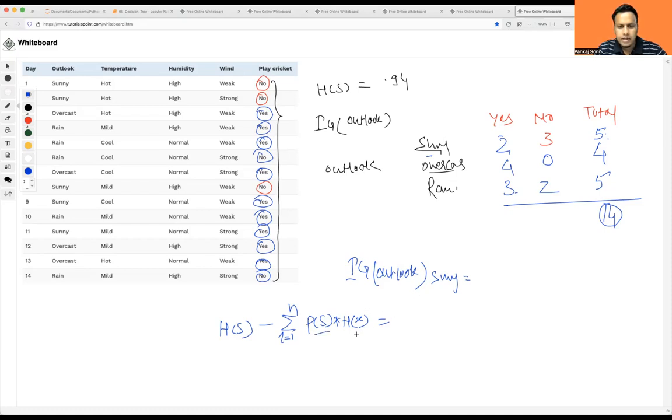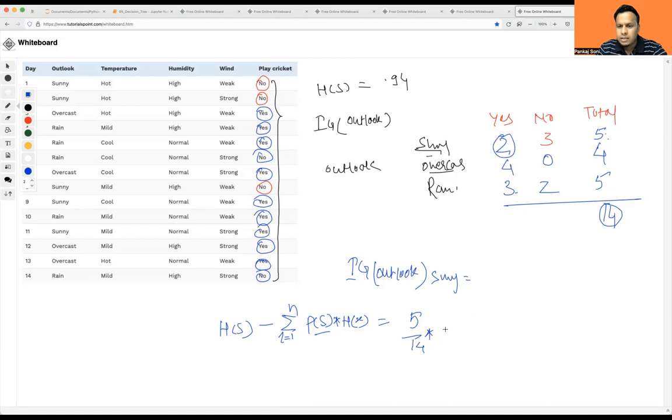So probability of getting Sunny with yes. So Sunny getting is 5, right? Sunny getting 5 by 14, multiplied by total getting yes.